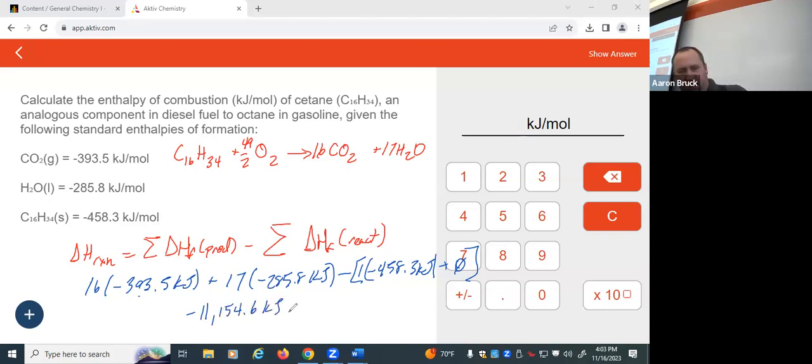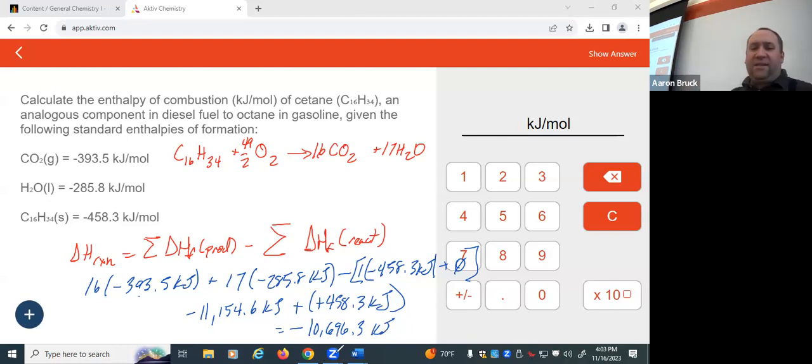11,154.6 kilojoules. And I subtract from that negative 458.3 kilojoules. Subtracting a negative number is the same thing as adding a positive. So plus 458.3 to the original, I get negative 10,696.3 kilojoules.